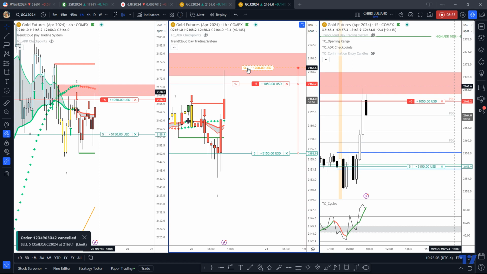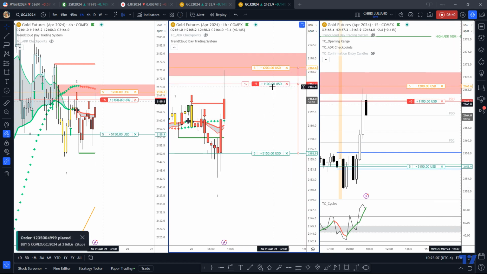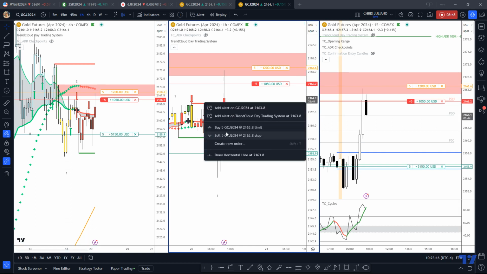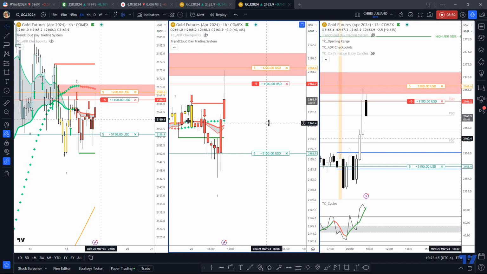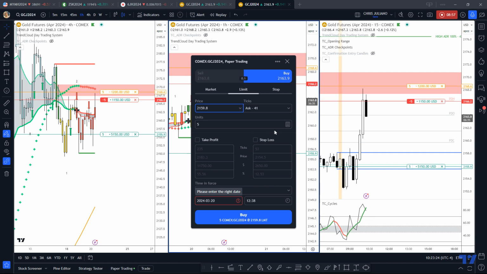Okay, so look, $1,200 risk now, and we are almost at a 1-to-1, right? So there's 1-to-1. Okay, we can take off. Let's put it down here. We're going to buy to cover.